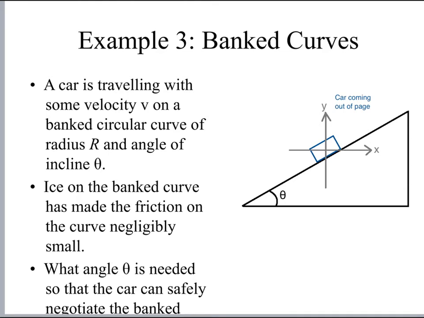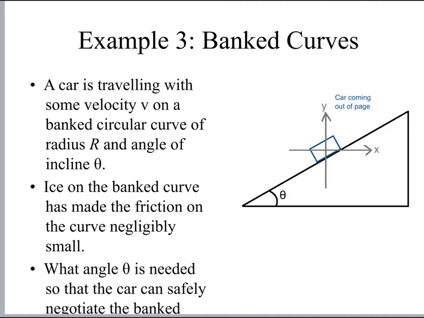If you've ever driven one of those big circular curves off the interstate, one of those off ramps that are kind of in a big circle, you may notice that the ground usually isn't flat when they make those big circles coming off the interstate. Those are examples of banked curves. And so here, what we see with the triangle in this picture, this is kind of a snapshot.